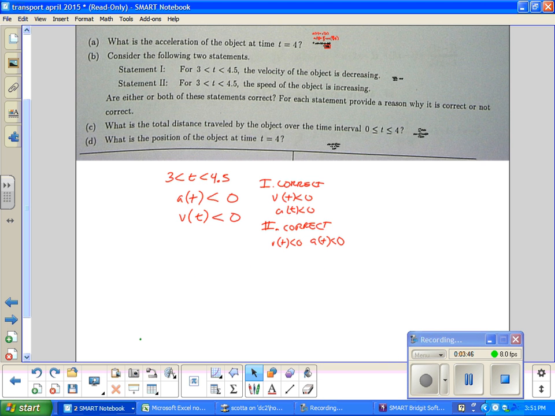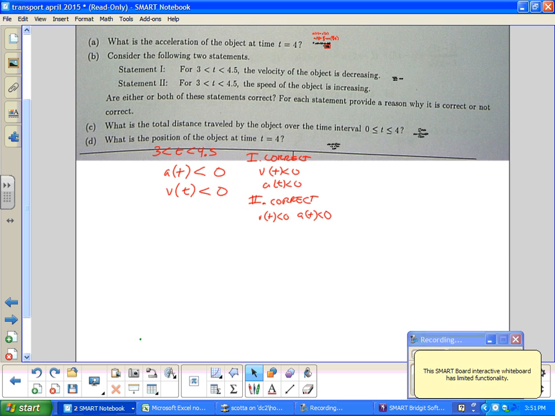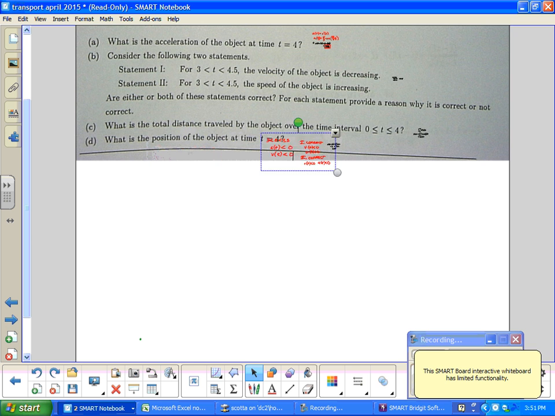In this case, really the rule is this: if velocity is greater than 0 and acceleration is greater than 0, the velocity is increasing and the speed is increasing. If the velocity is less than 0 and the acceleration is less than 0, the speed is increasing, the velocity is decreasing, and everything in between is going to be a mixture. You have to determine it out.